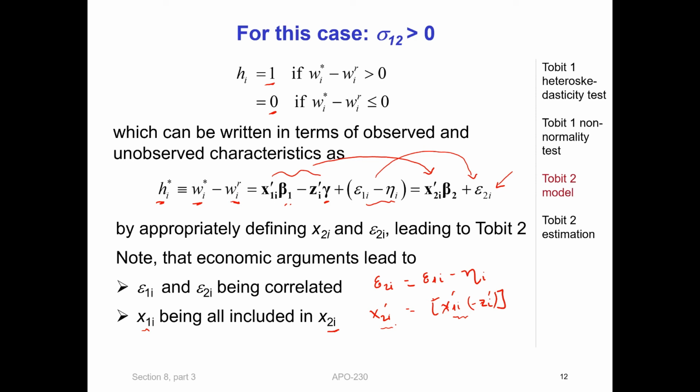So you could imagine, of course, whether you work or not depends on how much you are offered. If you pay too low, then you would rather not work, right? Because it's not worth it. And right there already, you can see that all the characteristics that determine the offer wage are somehow taken into consideration for the decision to participate or not participate in the job market, right?